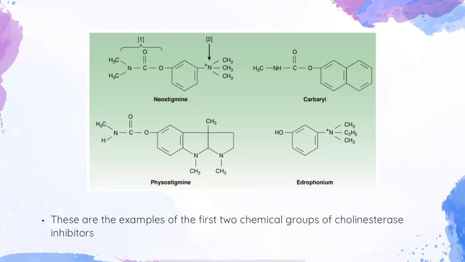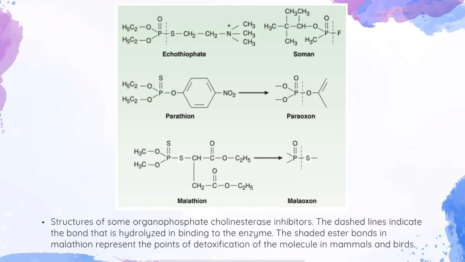As you can see, these are examples of the chemical groups of cholinesterase inhibitors. Here are the structures of some organophosphate cholinesterase inhibitors. The dashed line indicates the bond that is hydrolyzed in binding to the enzyme.